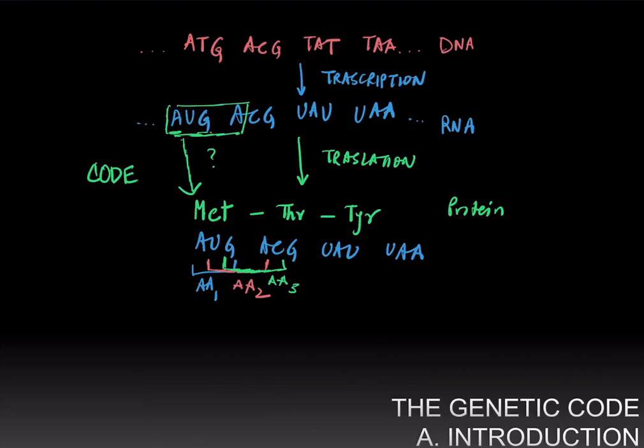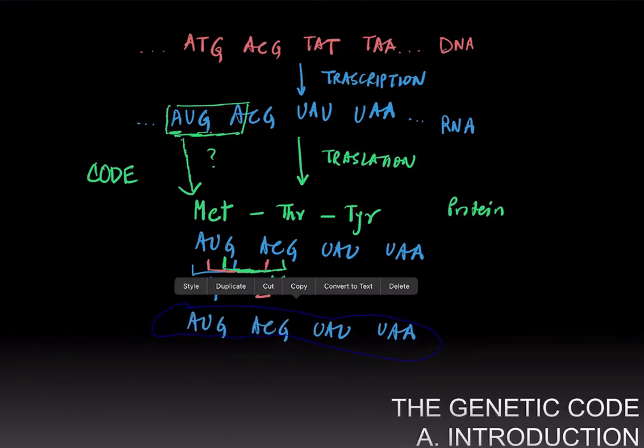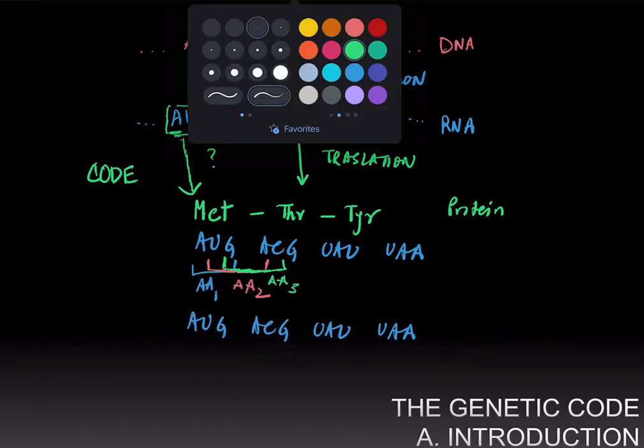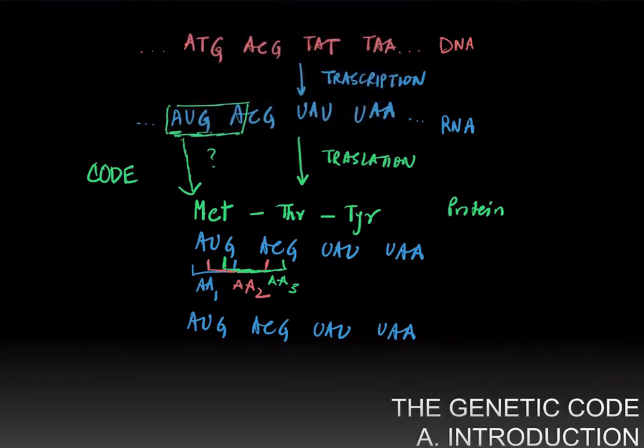On the other hand, if we are talking about a non-overlapping code, then the same transcript might be read in this manner. Maybe if we had one amino acid being specified by 4 bases, then this would be the first amino acid, then CGUA would be the second amino acid, and then UUAA would be the third amino acid, and so on.